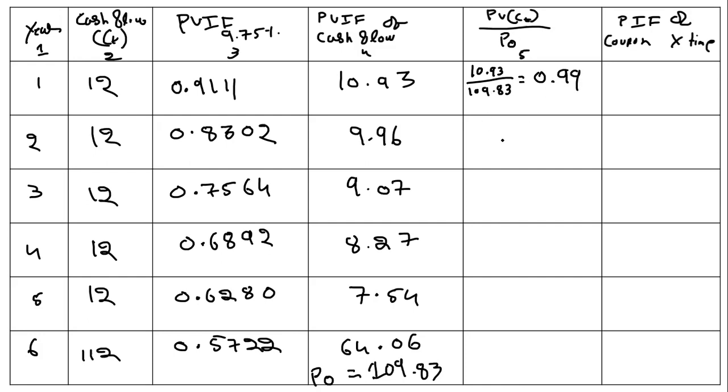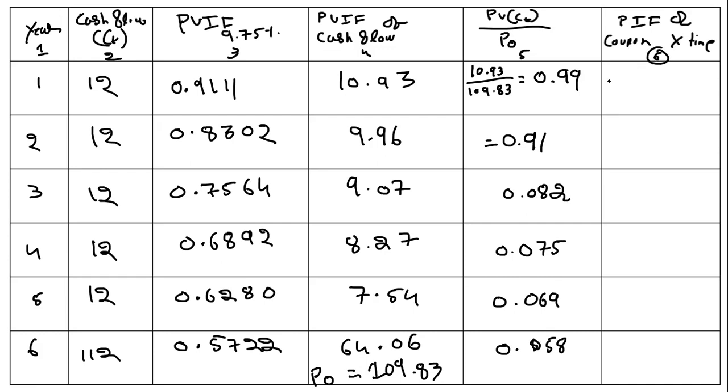We'll do the same thing, so we get 0.091. Next 0.082, next 0.075, 0.069, and next we get 0.058. Okay, now we'll go for column number 6, that is PVIF of coupon into time.